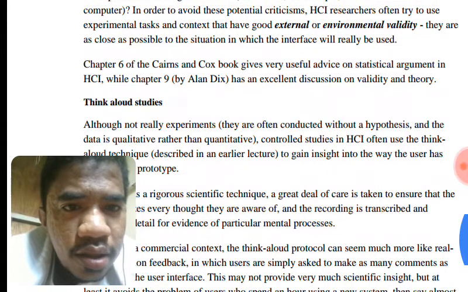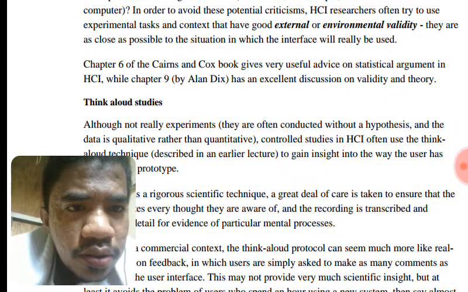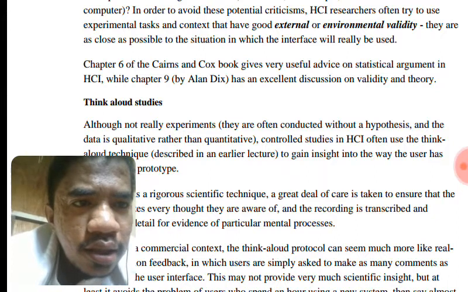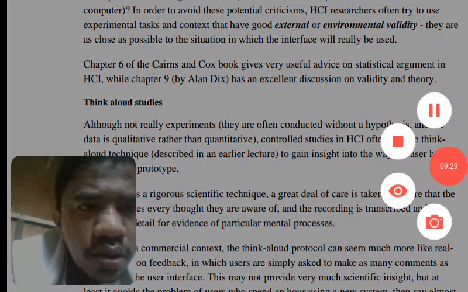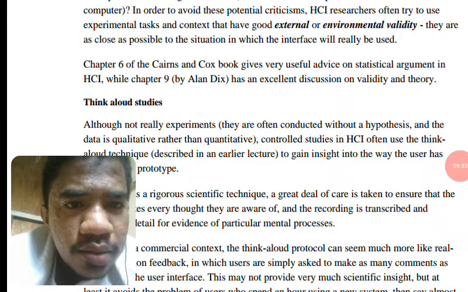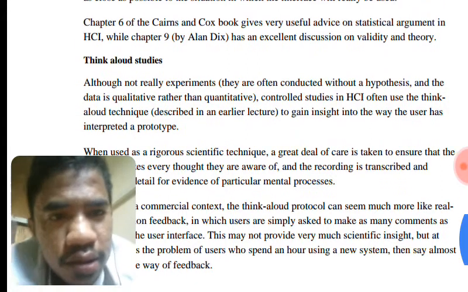Chapter 6 of the Cairns and Cox book gives very useful advice on statistical argument. In HCI: Beyond Human-Computer Interaction, chapter 9 by Alan Dix has an excellent discussion on fidelity and theory.